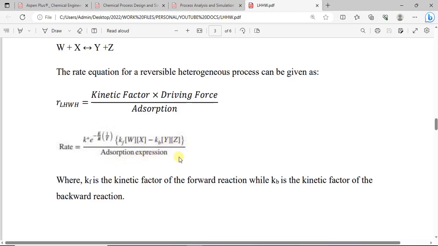So basically this is the rate expression for the reaction W plus X to give you Y plus Z. And from the equation you can see that it's a reversible process, and that is why in the rate expression you have the backward kinetic expression as well, right?